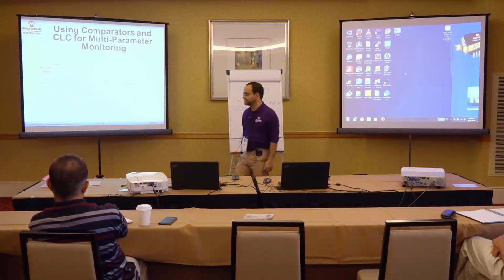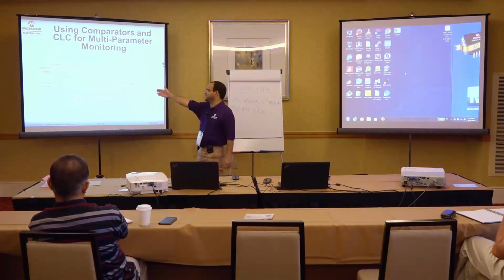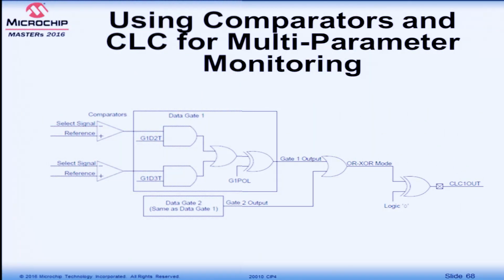So something like this. If this represents temperature, you would have an upper bound to the temperature and a lower bound, and those would be used in the 2 comparators. Depending on whether it is crossing the upper limit or the lower limit, any one of these comparators would turn on, and if you configure it in an OR manner, you would get an output.